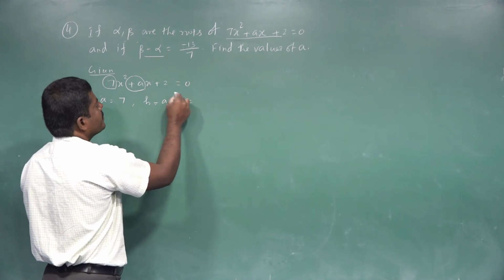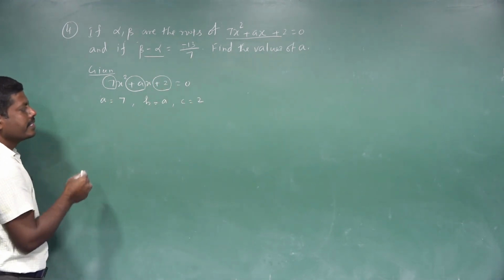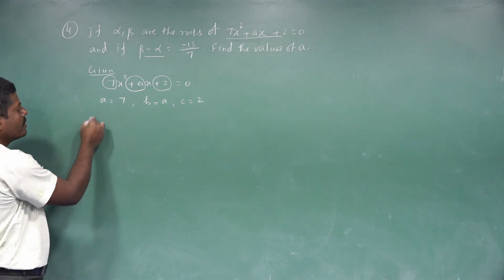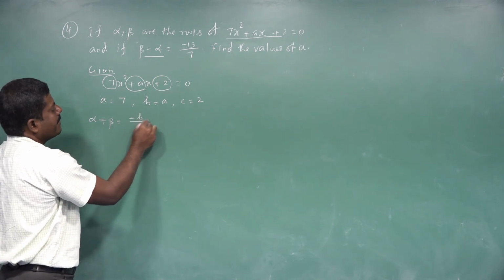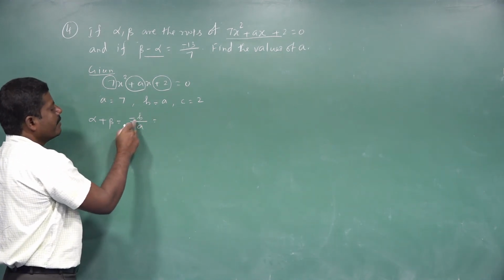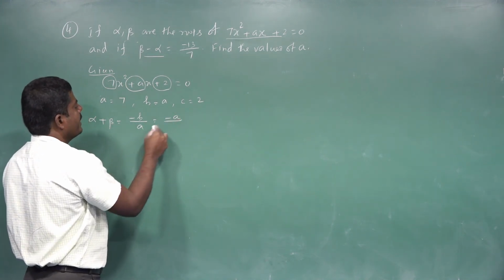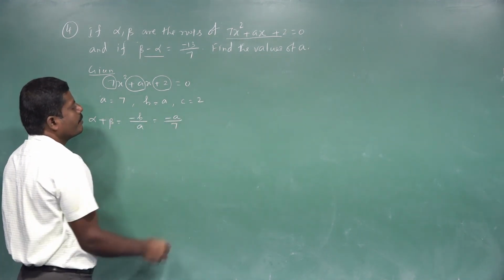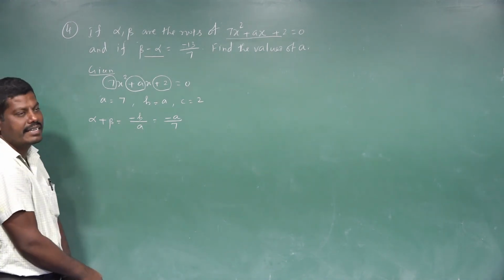The value of c is the constant term, 2. Using these three values we can find the sum of the roots, alpha plus beta. Alpha plus beta is nothing but minus b divided by a, which is equal to minus a divided by 7. Sum of the roots is nothing but minus a divided by 7.